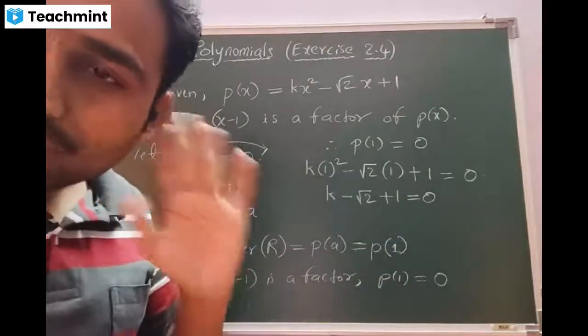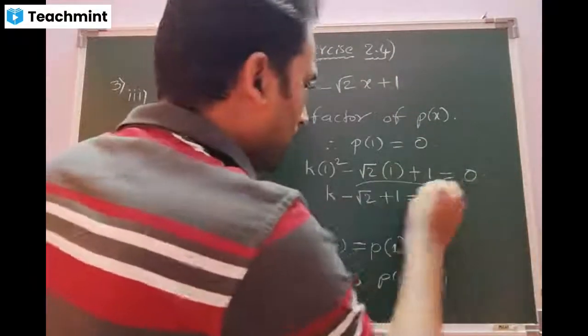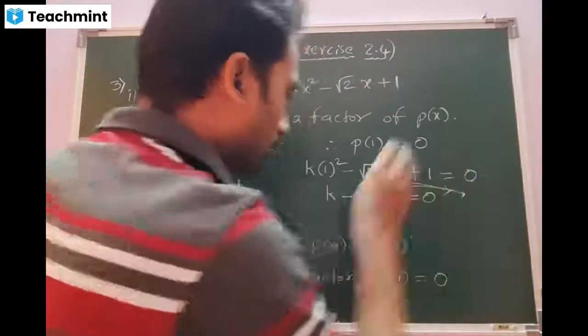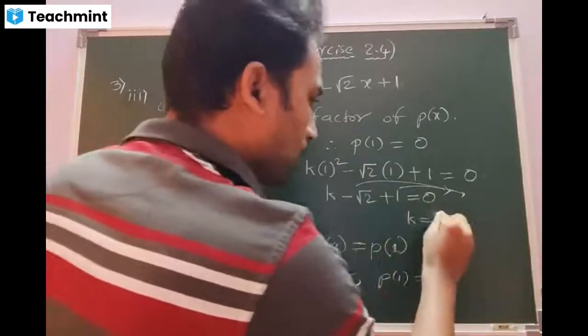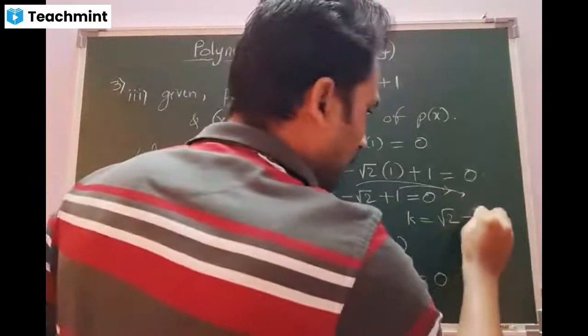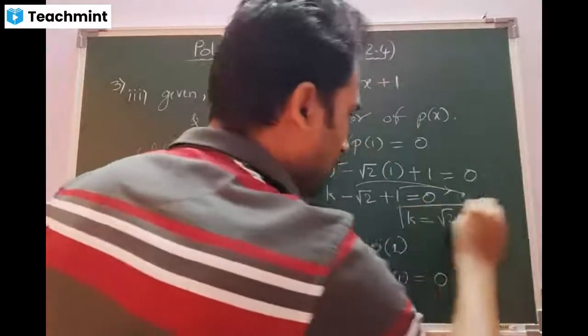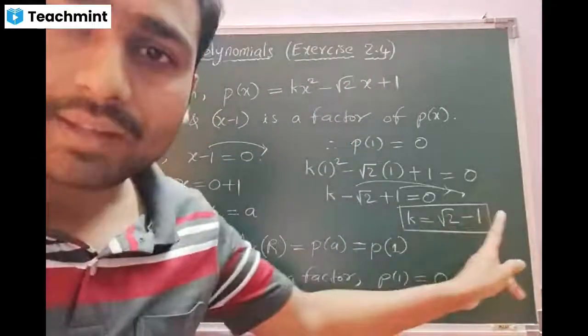So we will send both of them to the right side. Send this one also, send this one also. So minus becomes plus there. k is equal to minus root 2 becomes plus root 2, plus 1 becomes minus 1. Got the concept? So the final answer for k is root 2 minus 1.